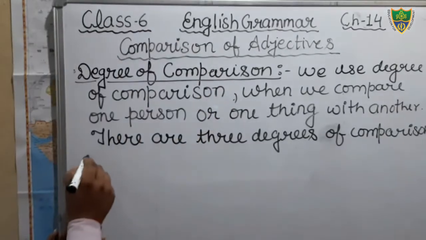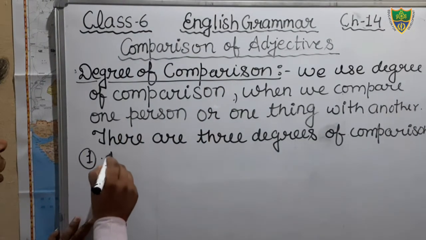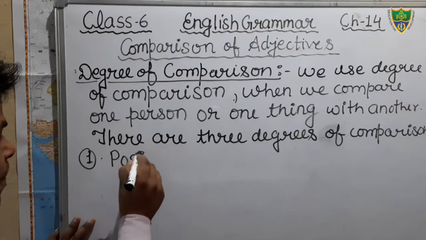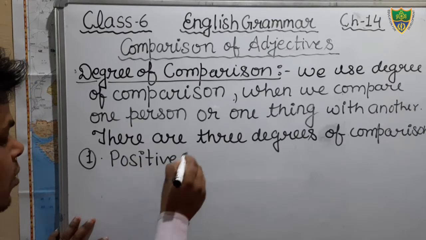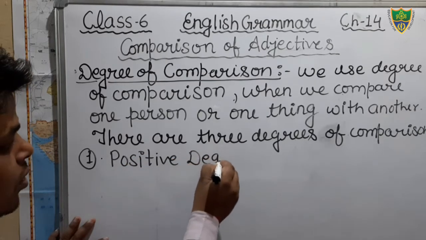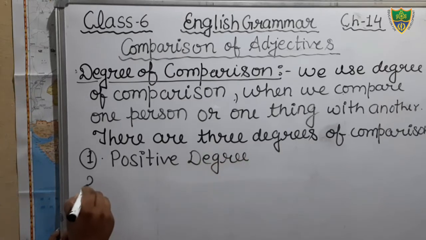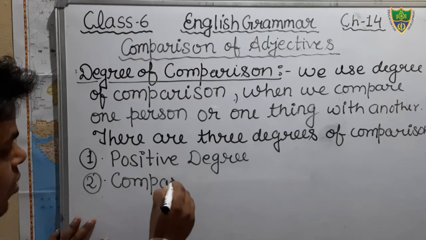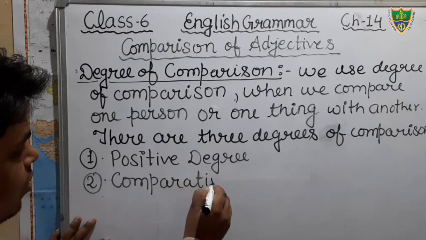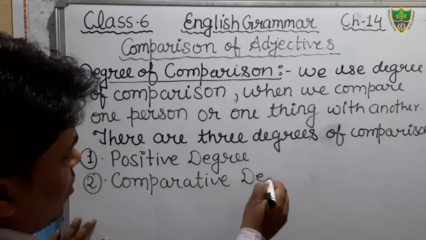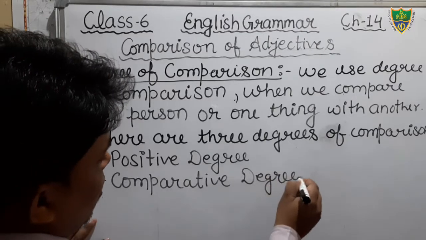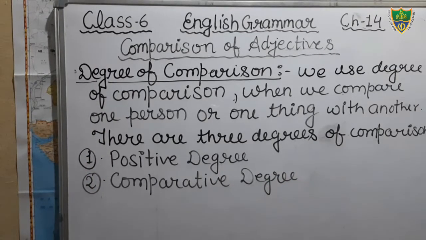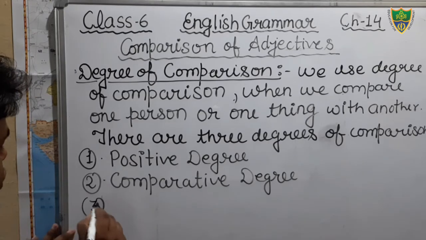First you may write positive degree, second comparative degree, and the third is superlative degree.